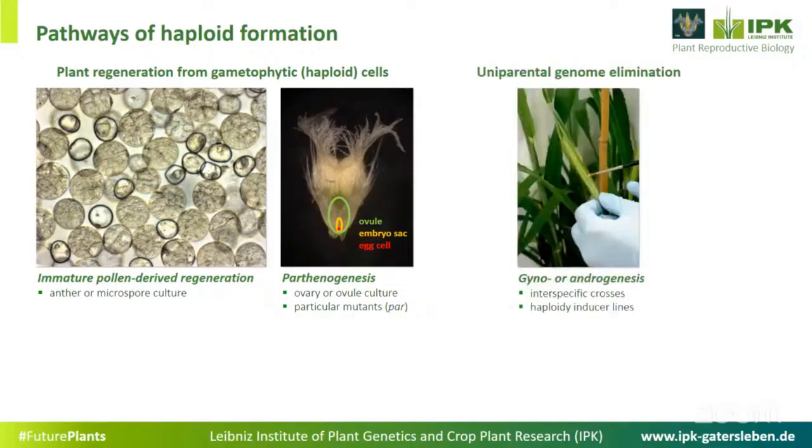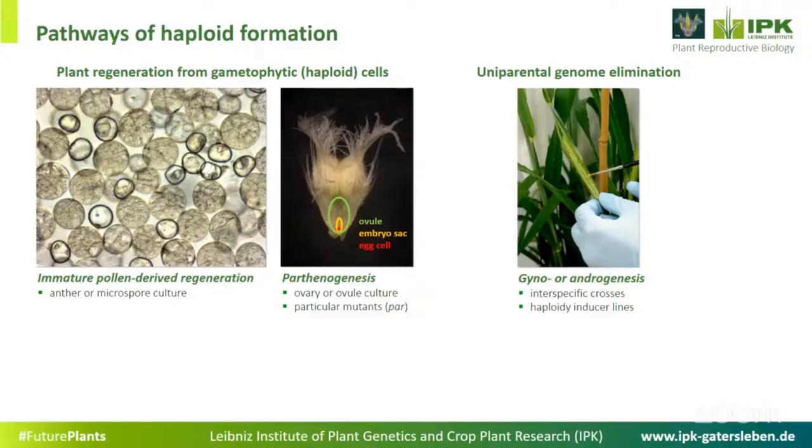And then there's a third principle of producing haploids. This is a bit complicated, coined uniparental genome elimination. That basically means after fertilization, one of the genomes of the parents is not stable in this plant and is eliminated again, leaving alone the haploid genome of one parent.